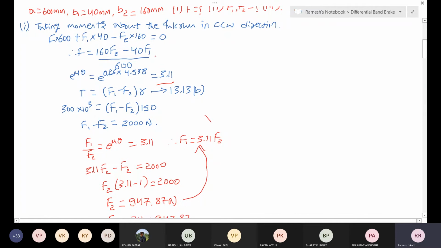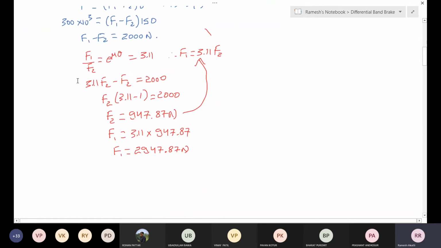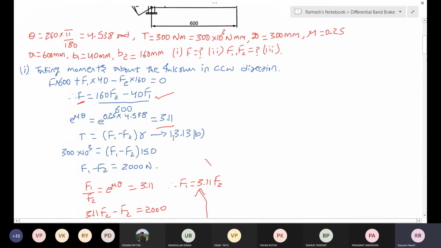Once you get the F1, F2 values, you can substitute them in this equation. You will be getting the actuating force. How much is the actuating force? Therefore, F is equal to, substituting the values, 160 into F2, which is 947.87, minus 40 into F1 divided by 600.